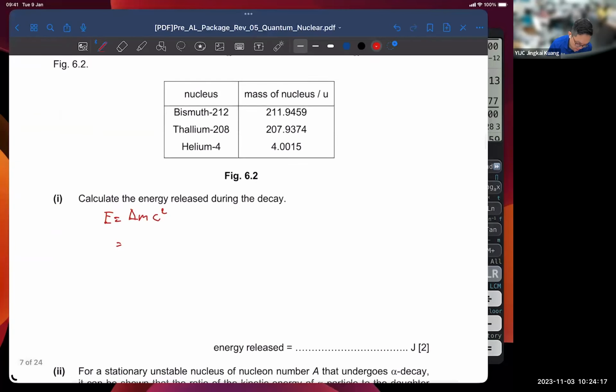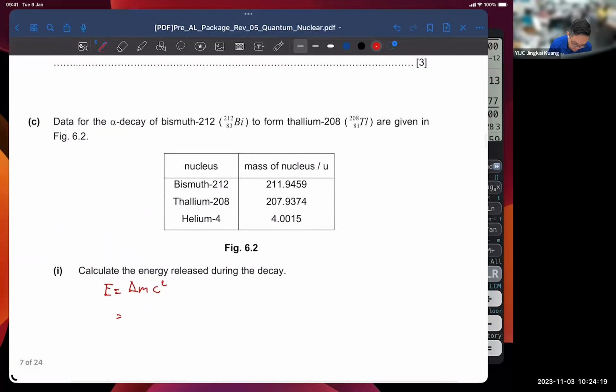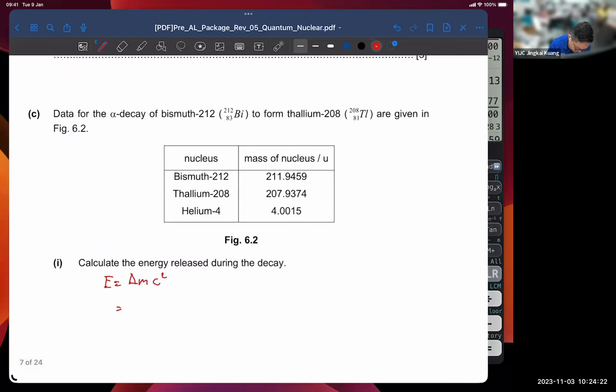The product is bismuth, so let's write it down: mass of bismuth minus mass of thallium minus mass of helium, times 1.66 times 10 to the negative 27, then multiply by 3 times 10 to the power 8, squared.